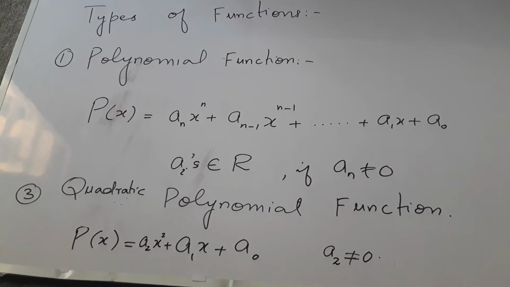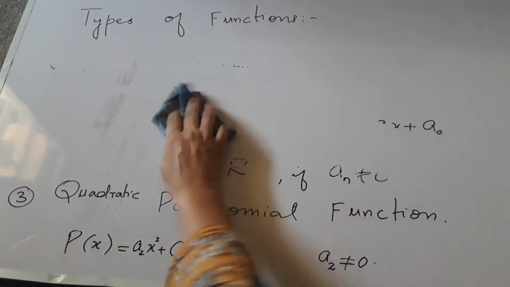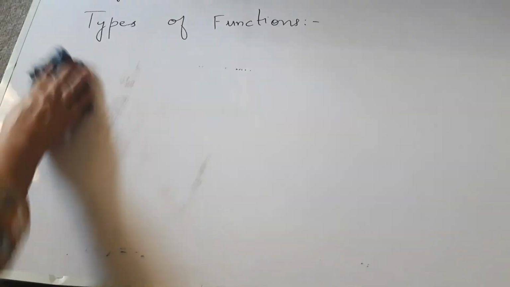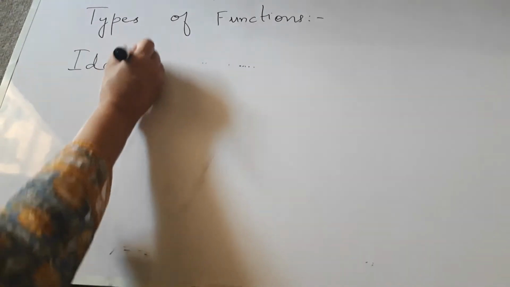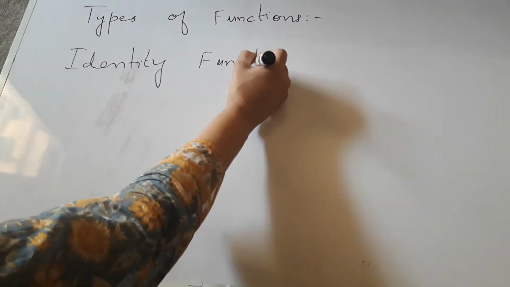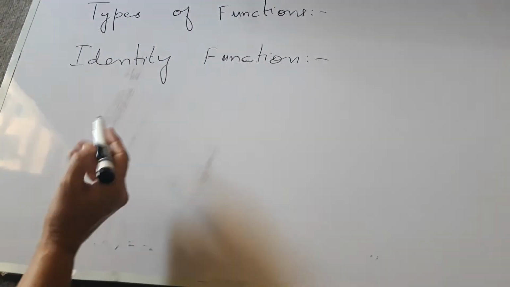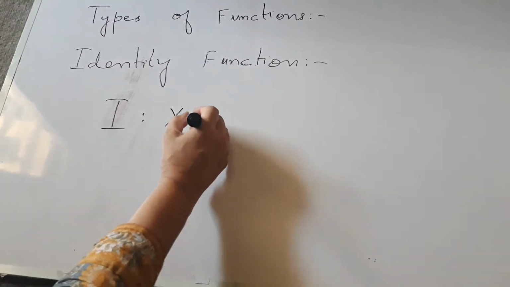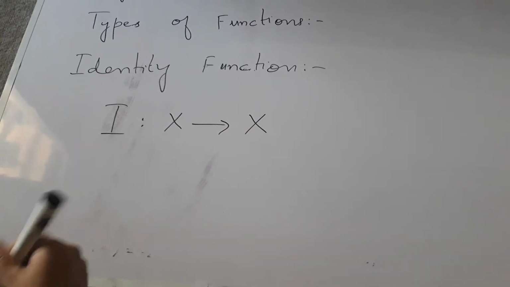Then I have the identity function. Identity function is denoted by capital I and this is from a set X onto itself.